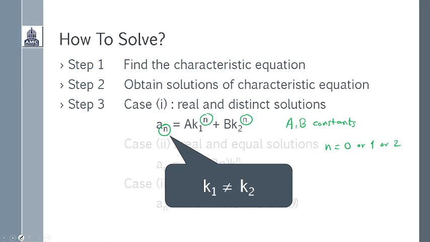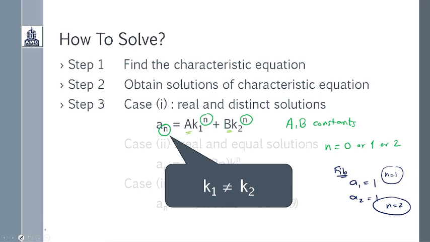Just to make things a little bit clearer, let's say that in our example of the Fibonacci series, A1 is equal to 1 and A2 is equal to 1. So we substitute n is equal to 1 in the first and get one equation. We substitute n is equal to 2 and get another equation. And then finally we find out the values of capital A and capital B, right?